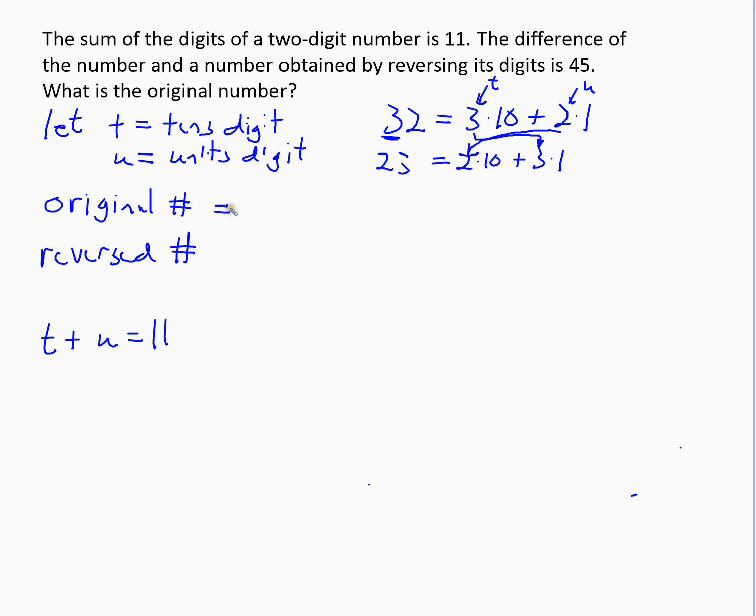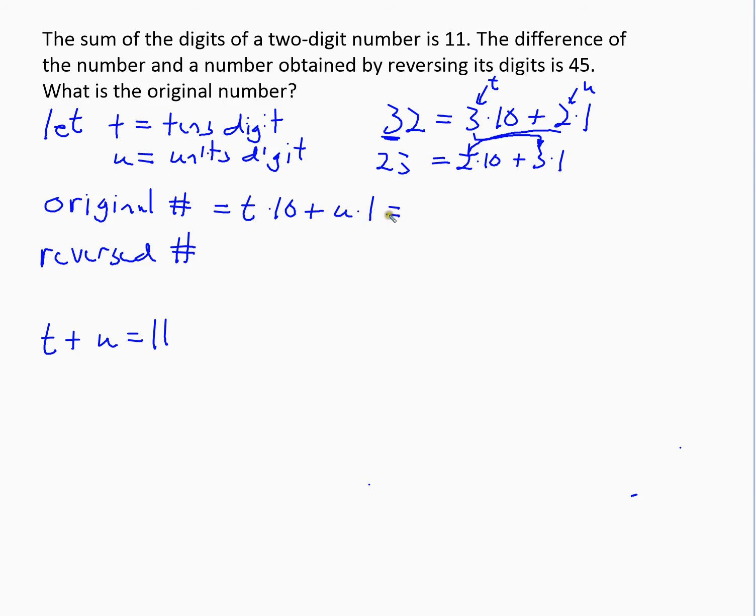Our original number is the tens digit times 10, plus the units digit, u, times 1.